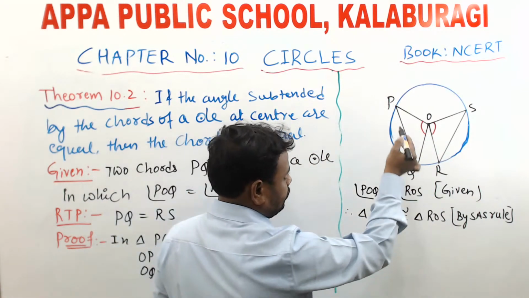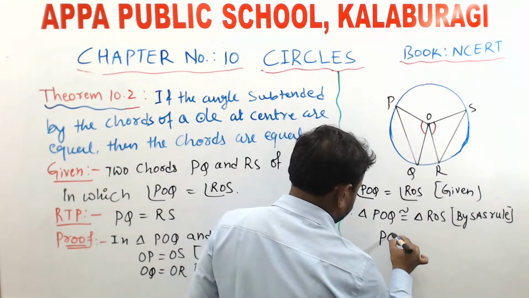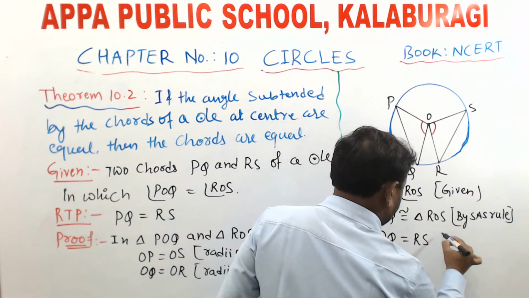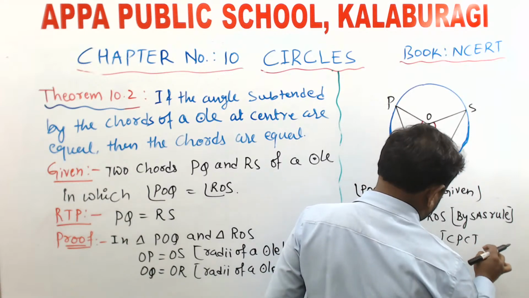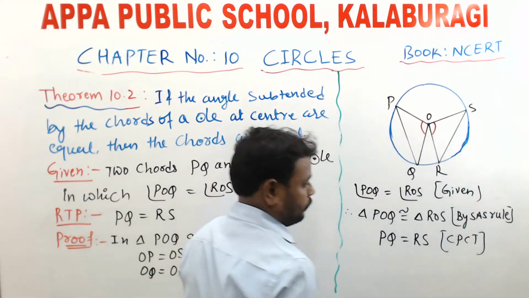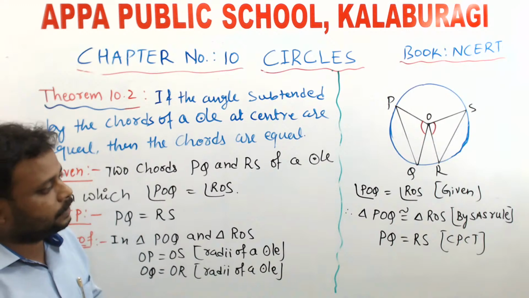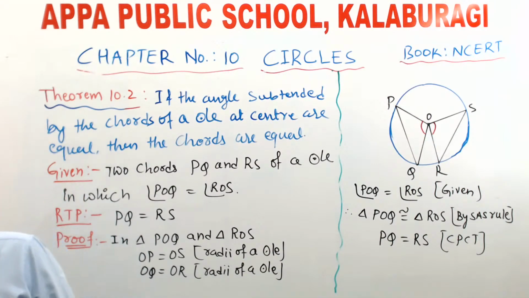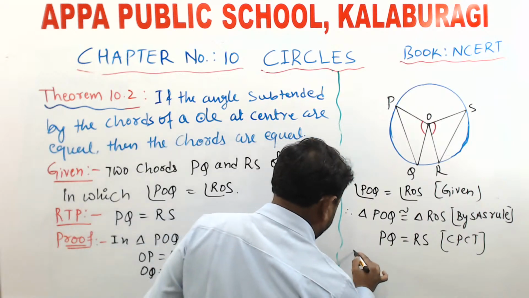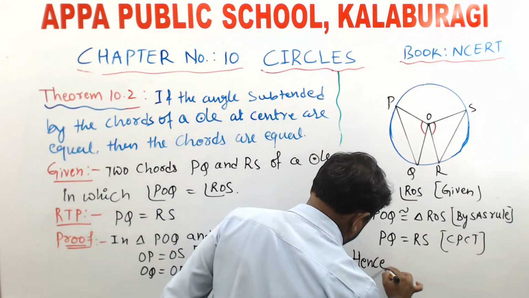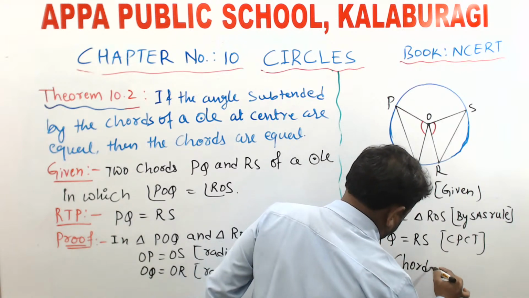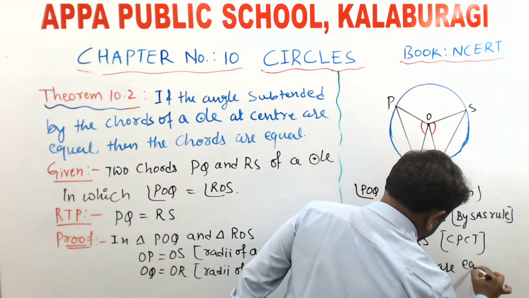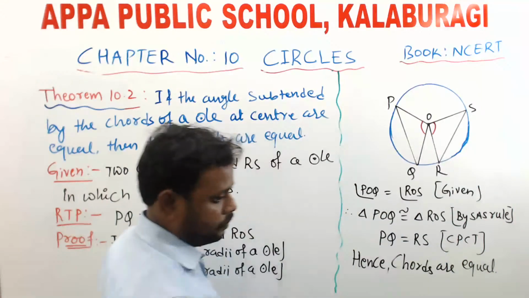So hence you can write PQ is equal to RS, corresponding parts of congruent triangles, CPCT. By CPCT, PQ is equal to RS, and hence chords are equal.